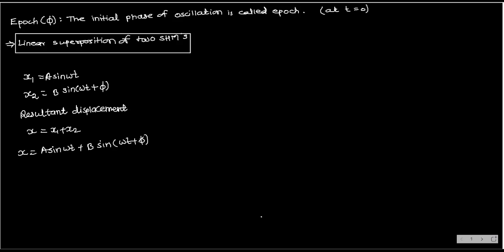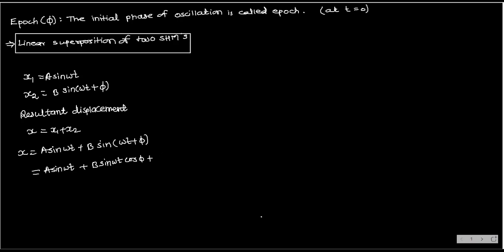Okay. Now, what I am doing, see, I am keeping this A sin omega t as it is, plus this B. This is the sin C plus D formula, है ना? Yes. तो क्या करेंगे? B sin omega t cos phi plus क्या होगा?